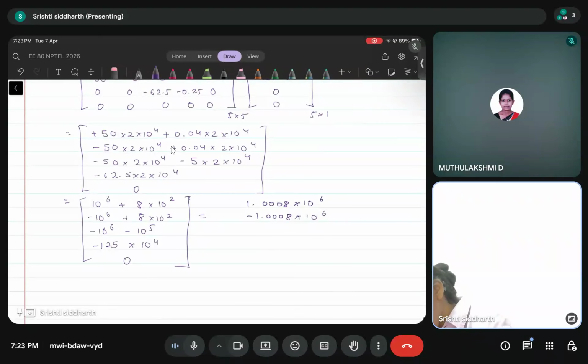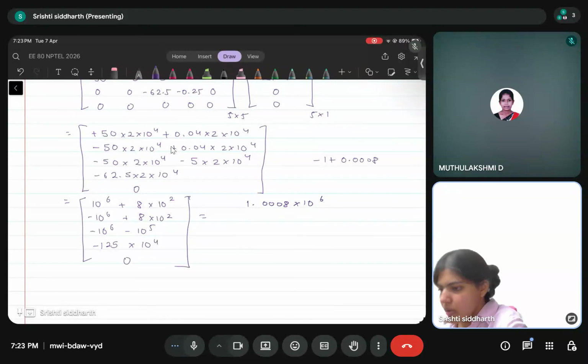Then this is, sorry, this is wrong. So this is minus 1 plus 0.00. Okay, so let's make some approximations.